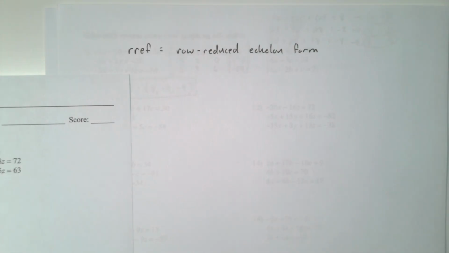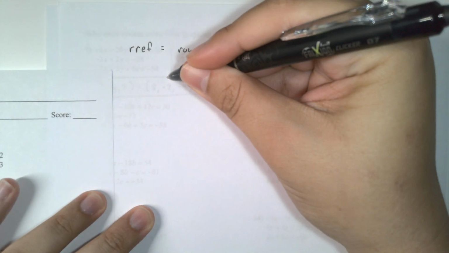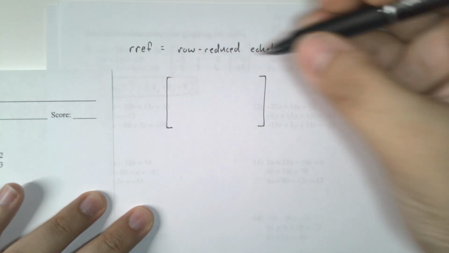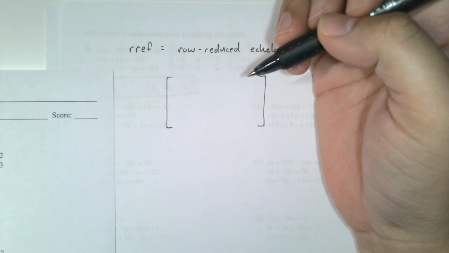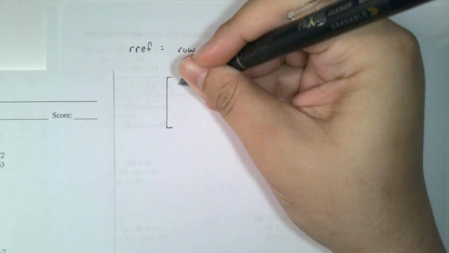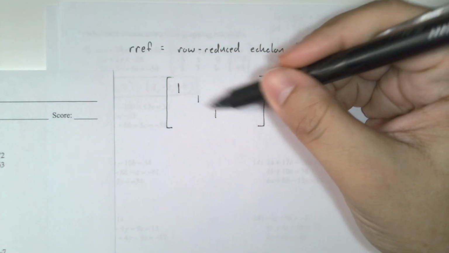And all echelon form really means is that it changes your matrix in such a way that an echelon is basically just like, you can kind of think of like a troop, like a soldier arrangement, and it basically just makes all of these what we call leading ones.